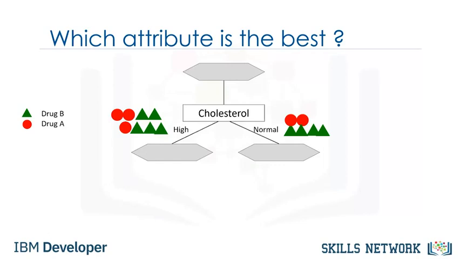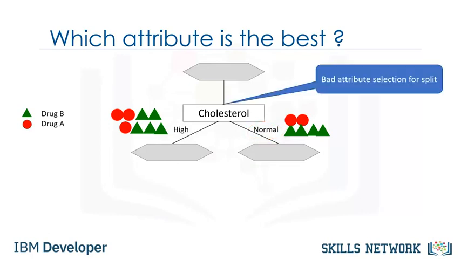As you can see, if the patient has high cholesterol, we cannot say with high confidence that drug B might be suitable for him. Also, if the patient's cholesterol is normal, we still don't have sufficient evidence or information to determine if either drug A or drug B is in fact suitable. It is a sample of bad attribute selection for splitting data.